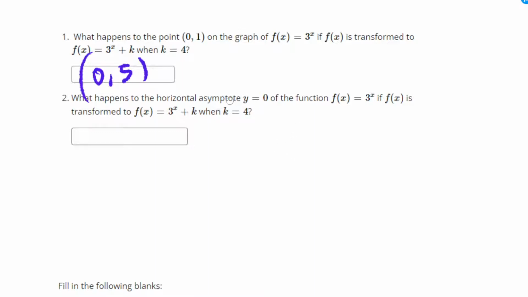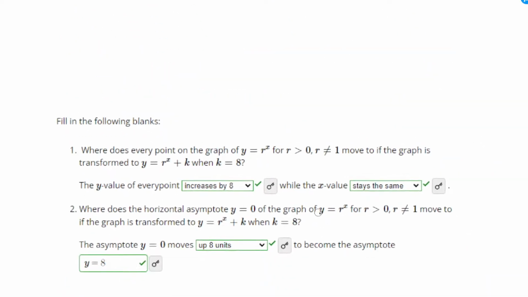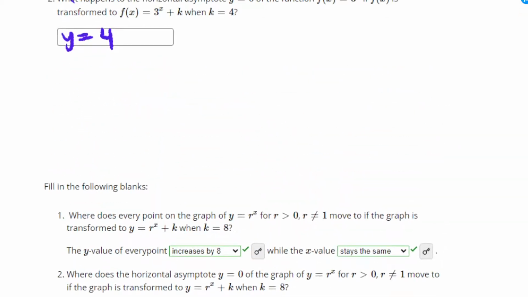Still kind of a mouthful. Basically, we're going up 4, right? So our asymptote is also going to go up. We're going to do y equals 4 because it's 0 plus 4 since we're going up 4. If we were moving down, it'd be minus 4, but in this case, it's positive 4. Don't forget the y equals, because that is the equation of the line.